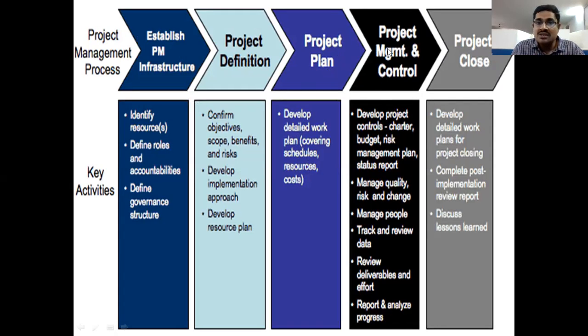Implementation is based upon our project plan, and controlling means comparing the actual performance with our planned performance. If a gap is there, then we need to take remedial actions to fill that gap. That is called controlling. So project controlling. And finally, close the project. That is a brief discussion about project management.